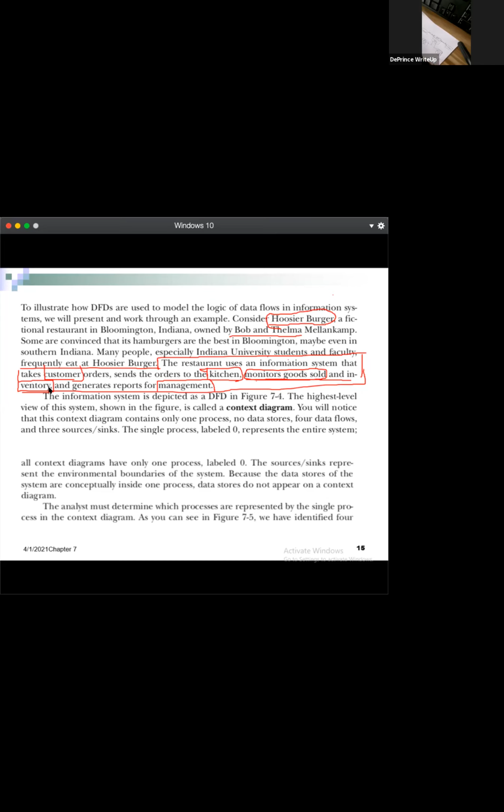Inventory file, right? Can you see? I hope you can. Okay, I think it's better now.